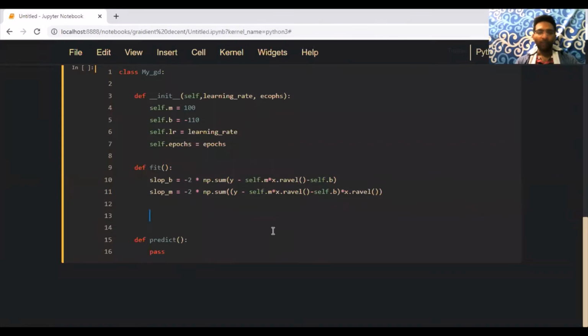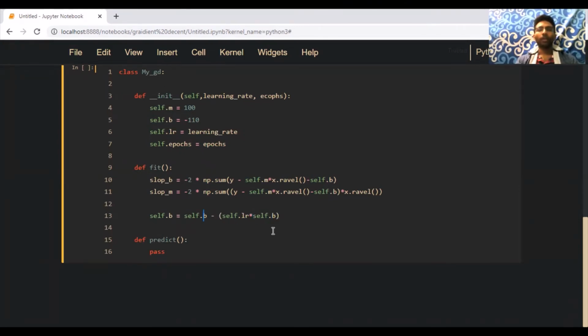So actually what we are going to do is give eyes to our code. So we can say self dot b is equal to self dot b minus learning rate into the slope.